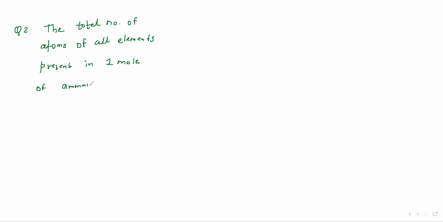Ammonium dichromate. Now you should know the molecular formula, right? The total number of atoms of all elements present in the 1 mole of ammonium dichromate is.